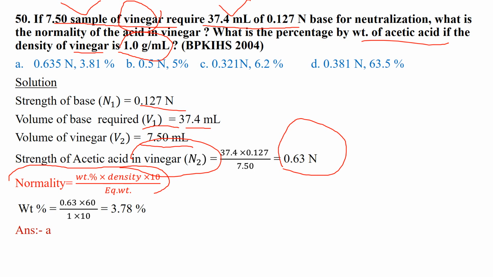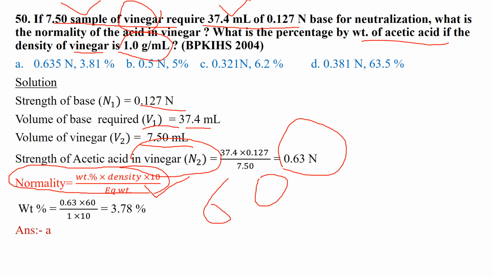Then we have to calculate the percentage of acetic acid in vinegar if density is 1.0 gram per ml. We have already discussed this formula, right? Weight percent into density into 10 by equivalent weight. So what is the equivalent weight of acetic acid? That is 60, molecular weight by only 1, because the basicity of acetic acid is only 1.